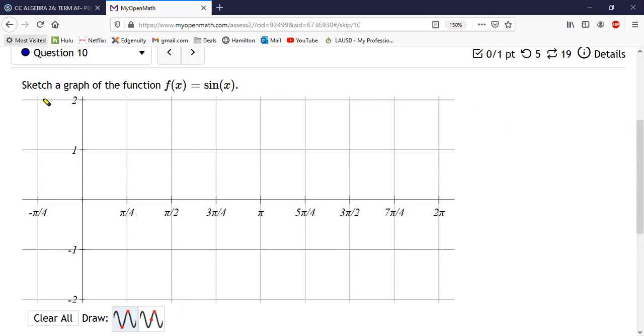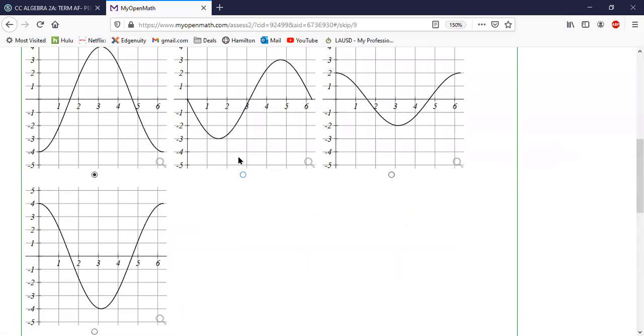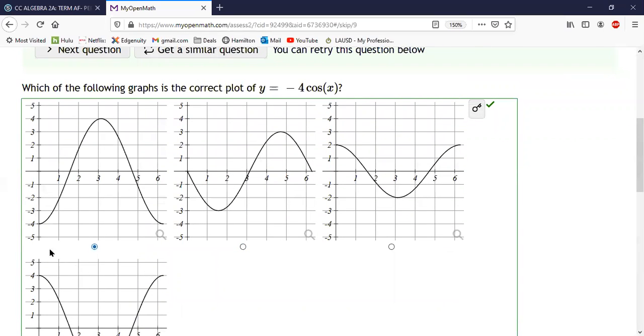How did I get 1? I'm sorry. Let's go back and take a look at that. The way I got this graph here is the cosine graph starts at the tips. Either it's going to start on the top or on the bottom. And since that's a -4, I'm going to start at the bottom here. Sorry, Marco, was this the graph that you were talking about, this problem?